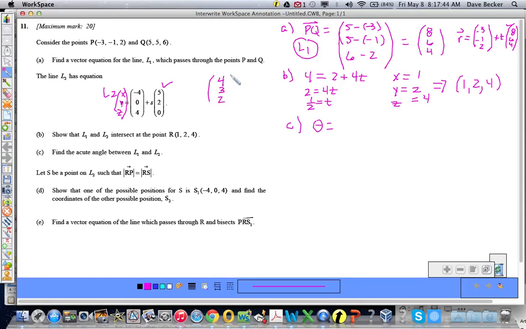Same direction, just makes my multiplication a little easier. So 5 times 4 is 20. Dot product here. 2 times 3 is 6. And 0 times 2 is 0. All over the magnitude of these two vectors. So square root of 16 plus 9 is 25, plus 4 is 29, so root 29.